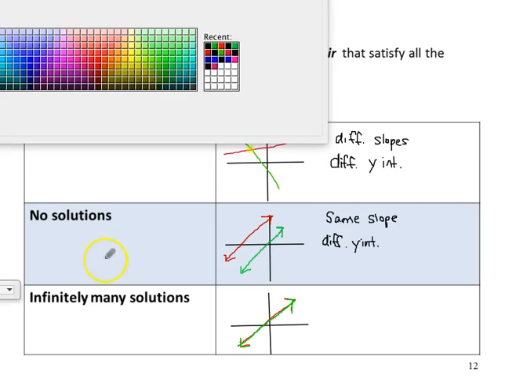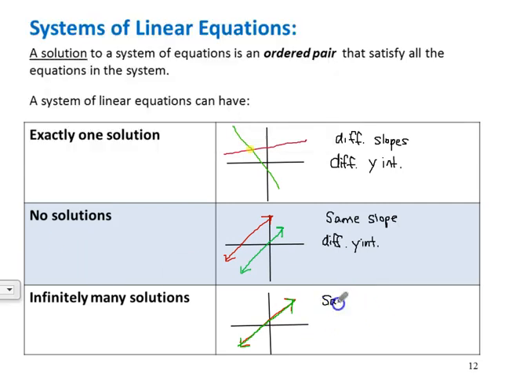So this is going to occur when our lines have not only the same slope, but also the same y-intercept, because it's the same line. So I wanted to share with you when you will have each type of solution, how many solutions, and the clues that help us determine how many solutions we might have.